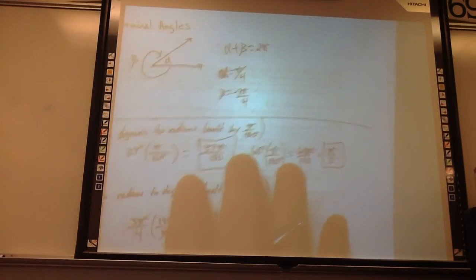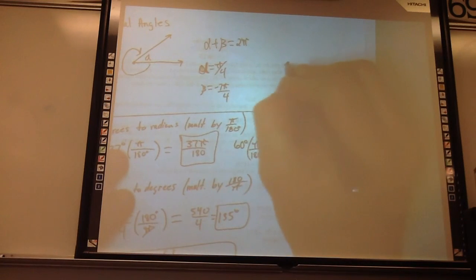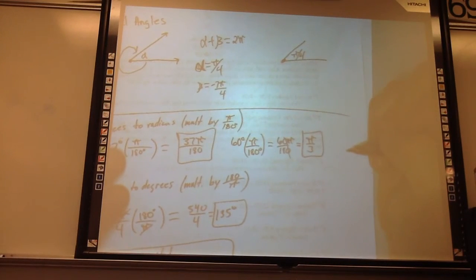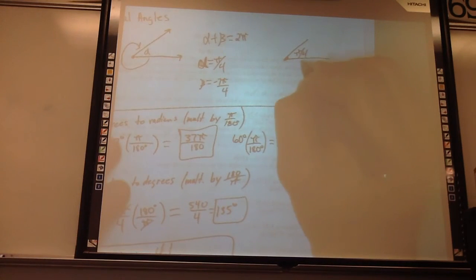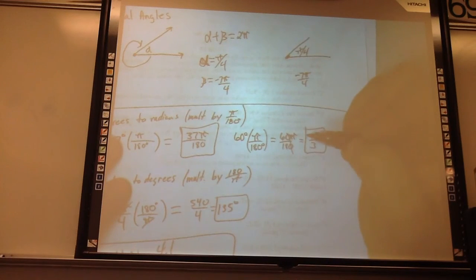One more thing on coterminal angles, because it'll tell you to find the coterminal angle. So it'll be like, here's pi over 4. Find two coterminal angles for that. One of them, you go this way, a positive and a negative. That would be negative 7 pi over 4. That's one coterminal angle. What's another one?